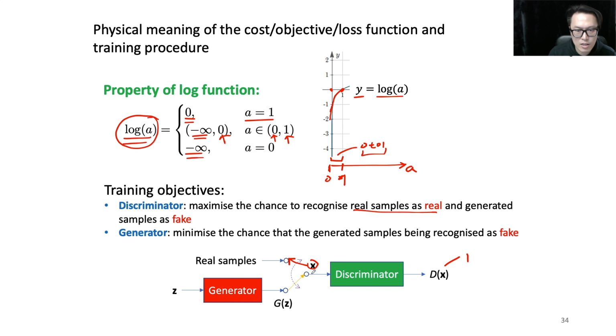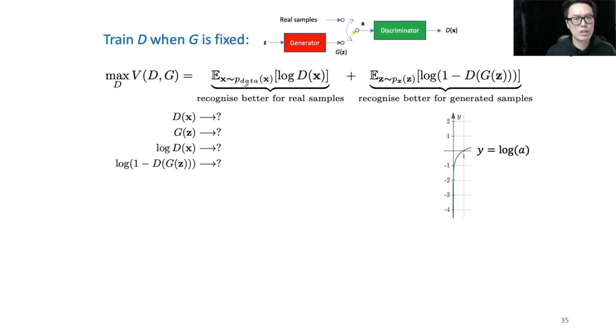When x is from the generator, the discriminator will give you 0, yeah? So this is what we want the discriminator to do. For the generator right here, when we generate G(z) and input it into the discriminator, we expect that D(x) would be 1, because the generator's output is real enough in that case, yeah?